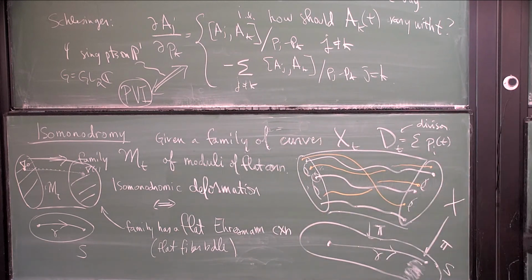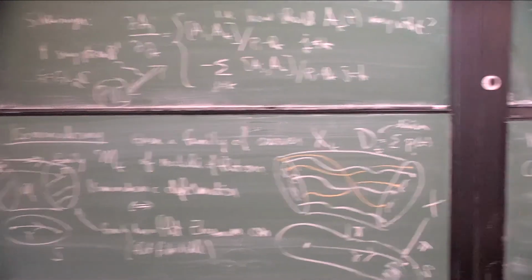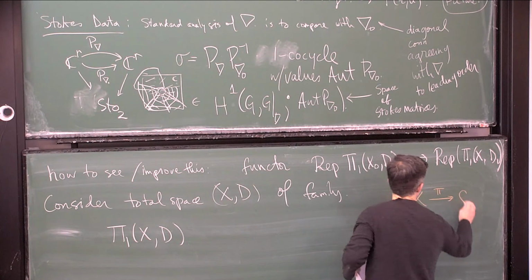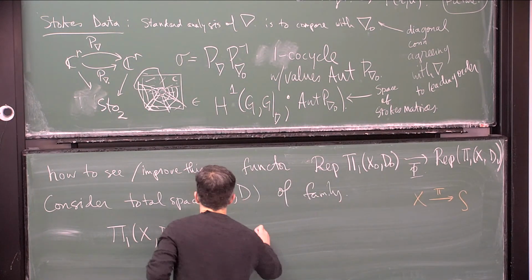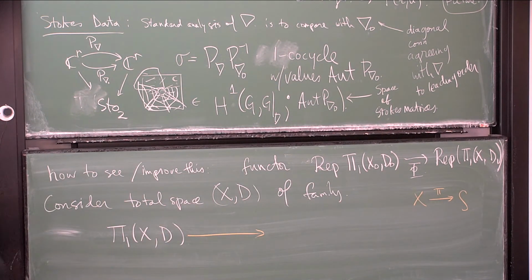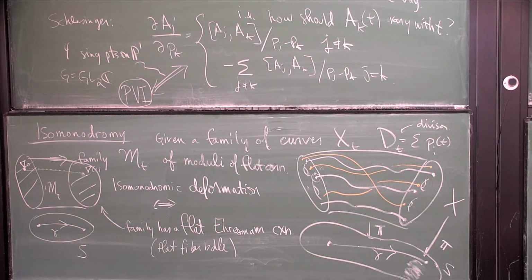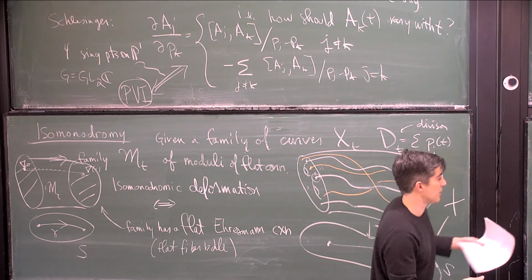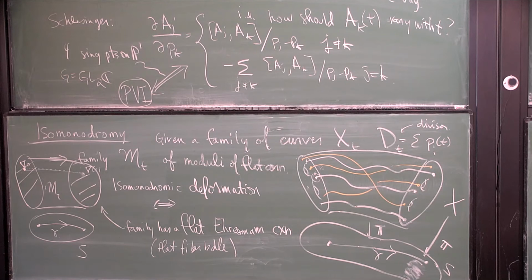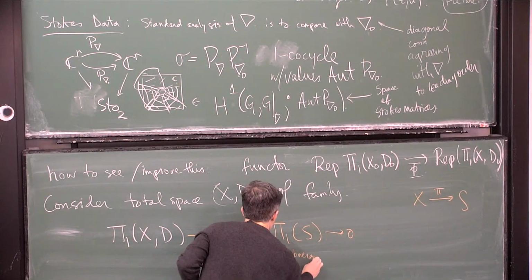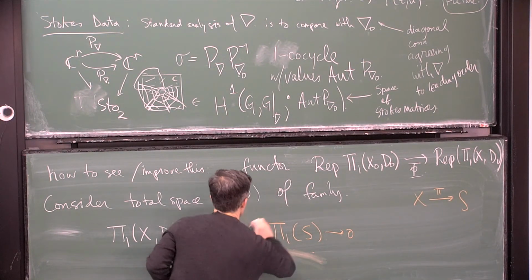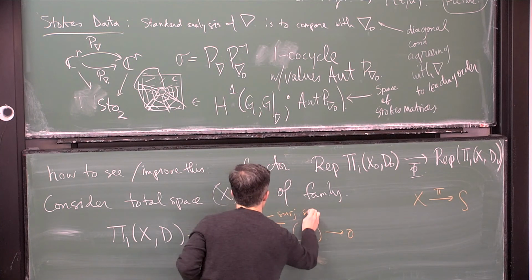Well, so we know that because X maps down to the base, the paths in the total space can be mapped down to the paths in the base, pi_1 of X. Actually, this is a surjective map. It's a surjective submersion.